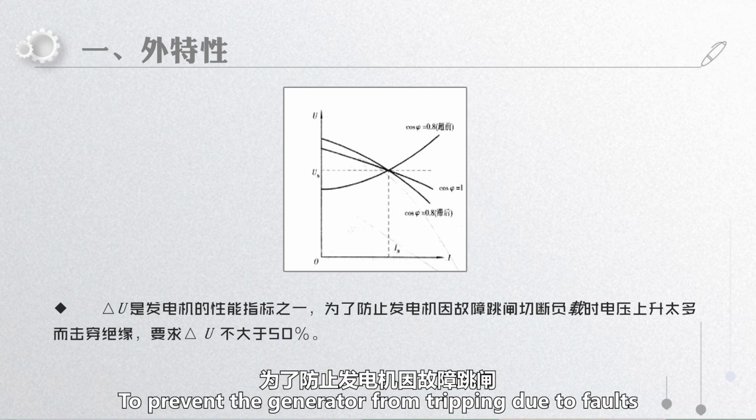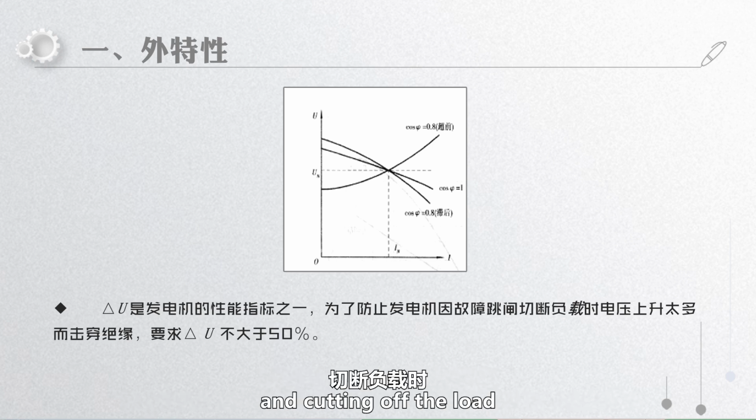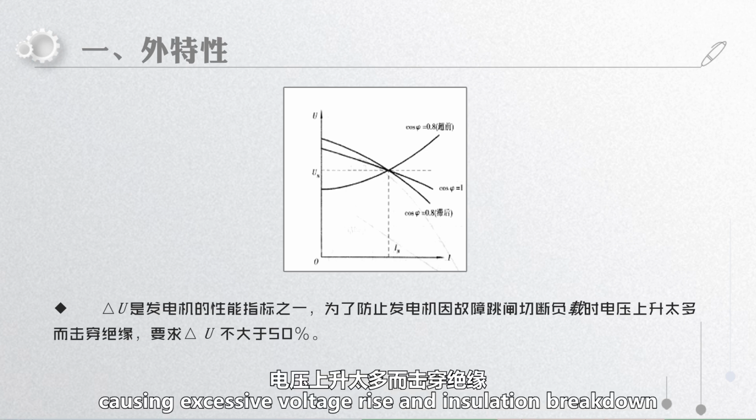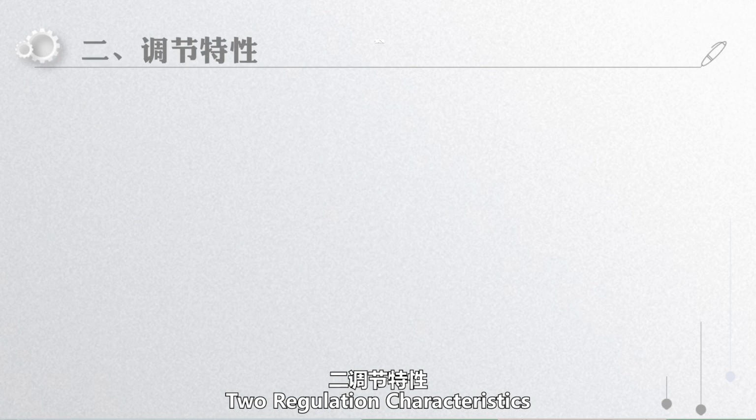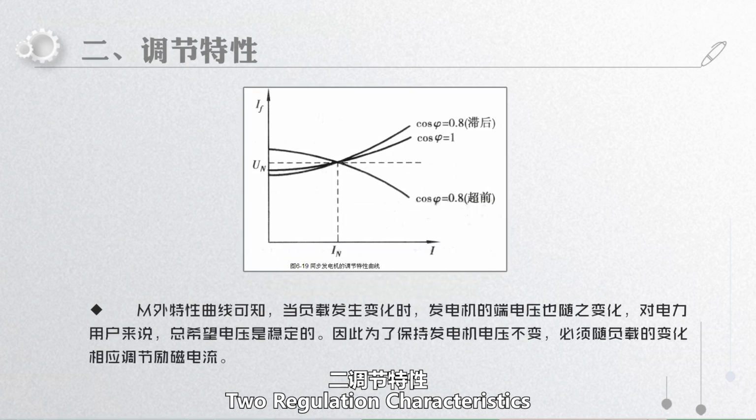To prevent the generator from tripping due to faults and cutting off the load, causing excessive voltage rise and insulation breakdown, delta U should not exceed 50%. 2. Regulation characteristics.